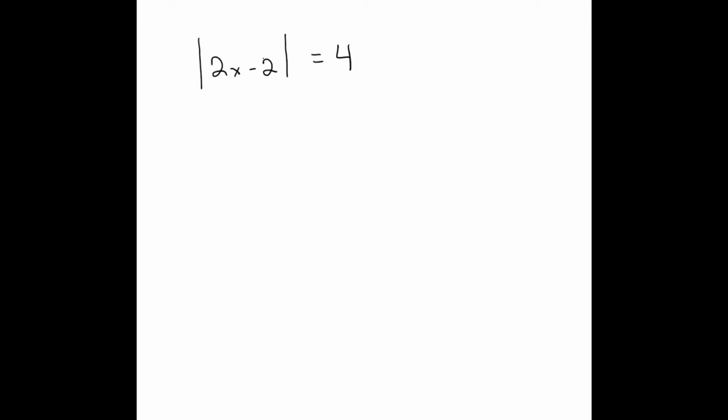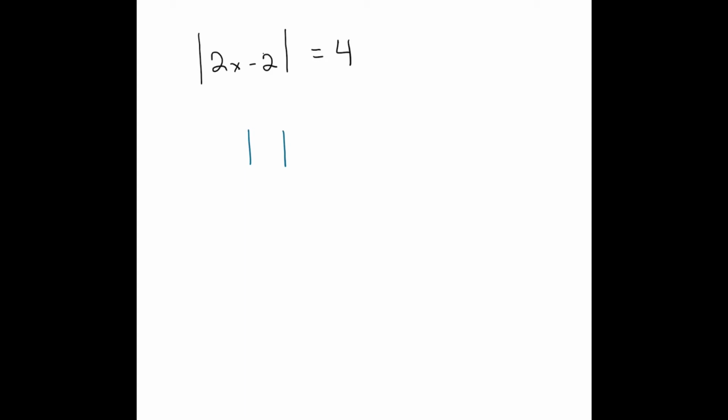Okay, so you can see on the screen I have a few absolute value problems written out for us. So this is what a typical problem would look like. You have an absolute value, but instead of just a number in there, you have an equation-looking thing and it equals something. We talked before about how when you take something out of an absolute value, it always has to be positive.